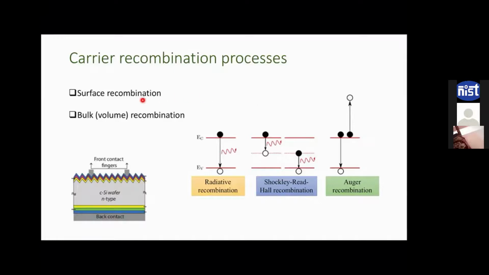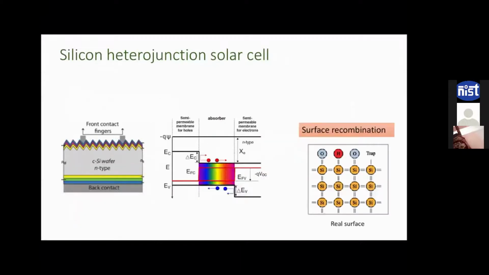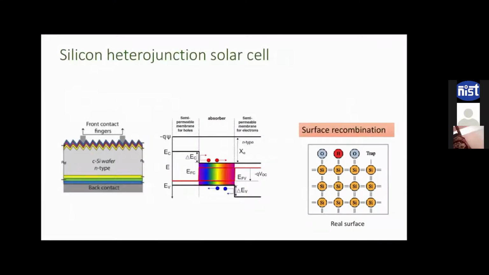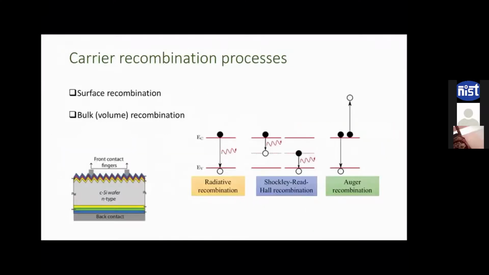Now, if you remember the surface recombination that we talked about, we have seen that it happens via the trap states sitting at the crystalline silicon surface. So this surface recombination can also be described by Shockley-Read-Hall recombination, which is a trap-assisted recombination.